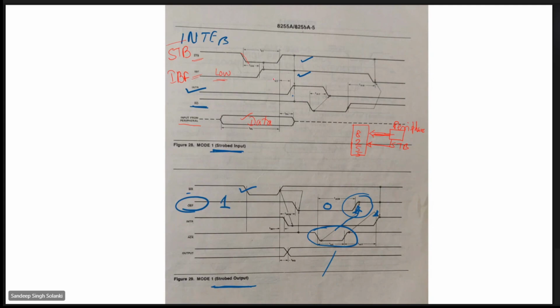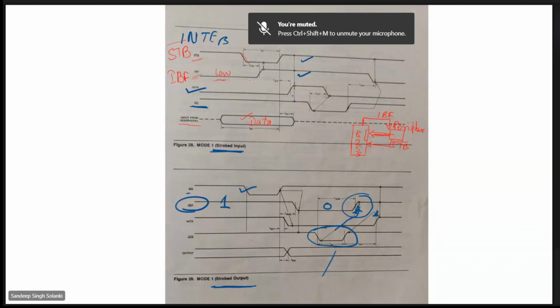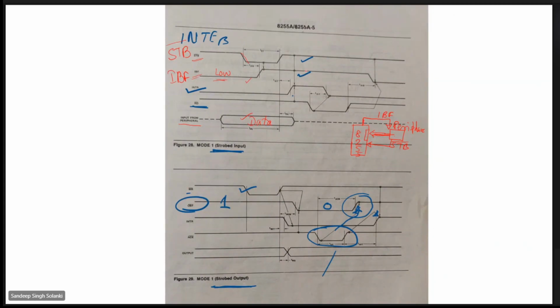When the peripheral finds that IBF is low, it sends the strobe bar signal and the data to the port. Once the data has arrived on the port, IBF goes automatically high.